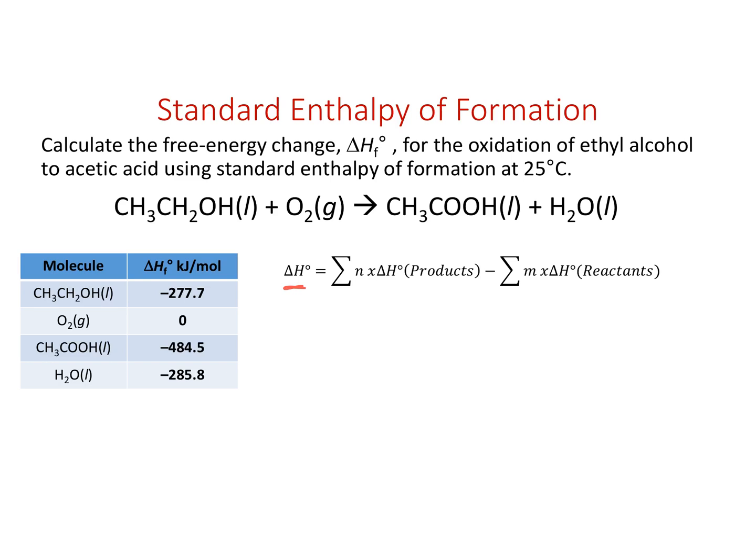That equals the summation of the enthalpy of the products minus the summation of the enthalpy of the reactants. Remembering that we have to take into account how many moles of each of those that we have. So for this reaction, I can look up the enthalpies of formation of all my reactants and products and simply plug those into my calculation to determine what's my change in enthalpy for this reaction.